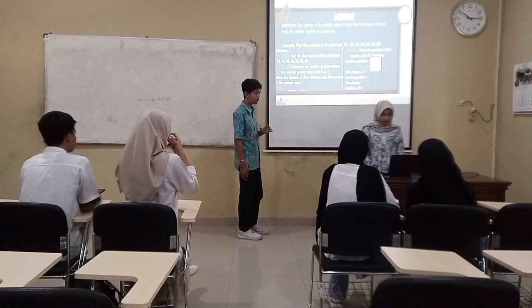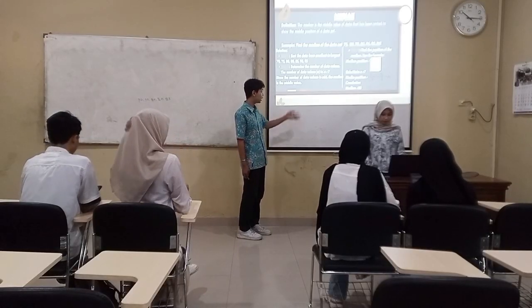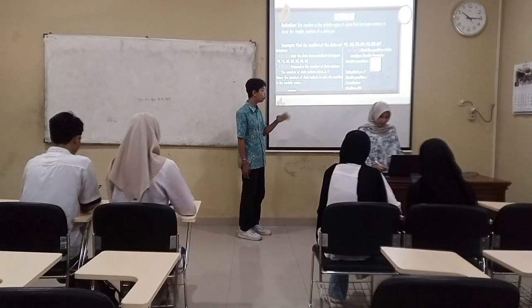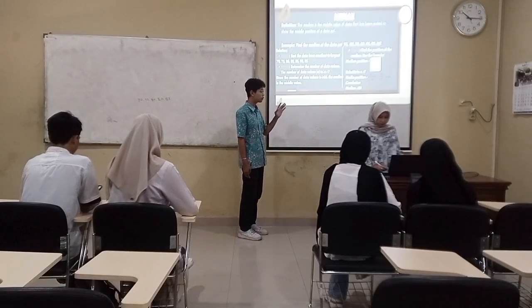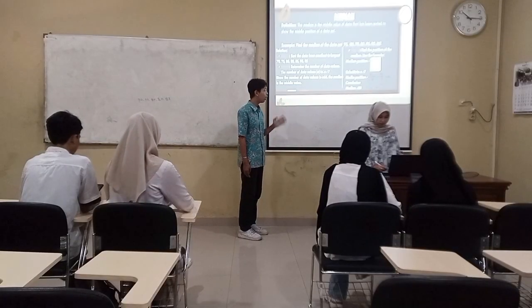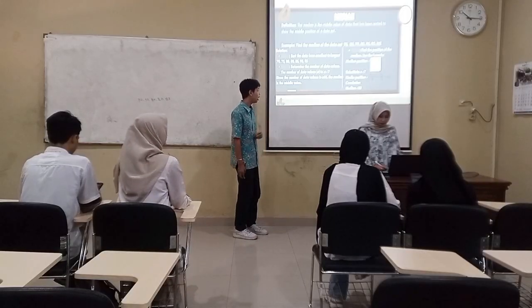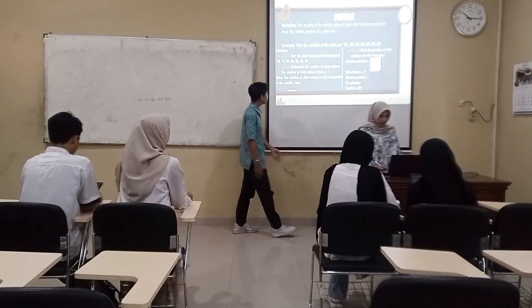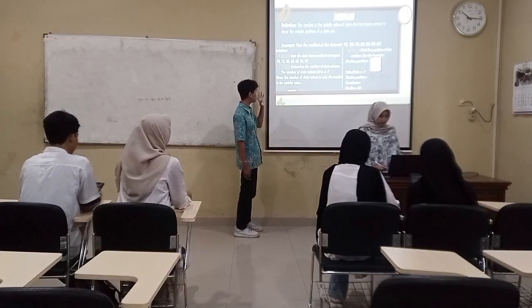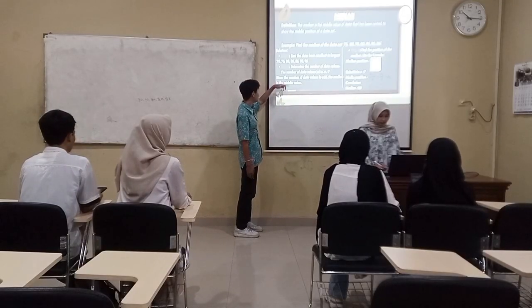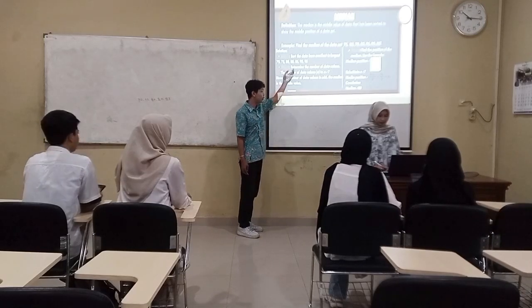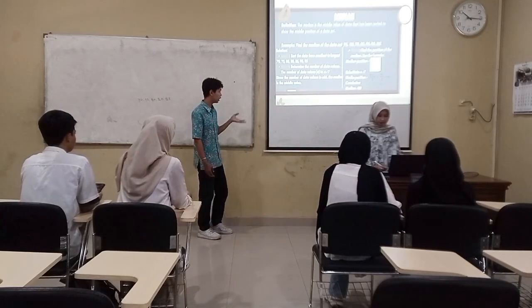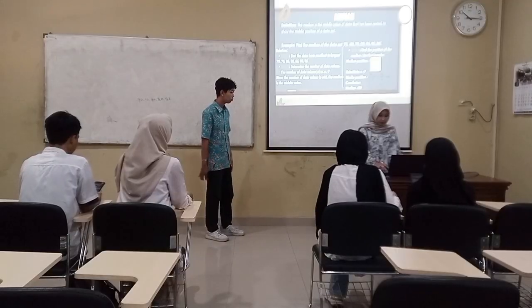Substitute n is 7: x of 7 plus 1 over 2 is x of 8 over 2, which is x4. The conclusion: the median is 80, because the data at x4 is 80. 1, 2, 3, 4 is 80. Okay. Next.